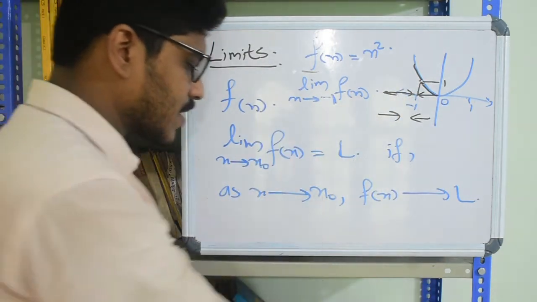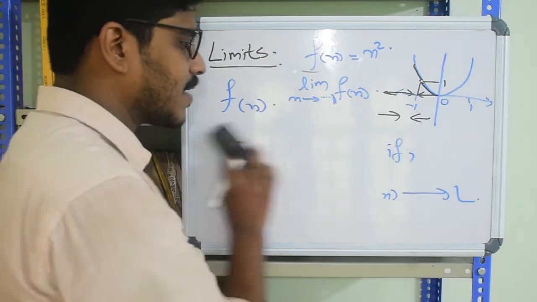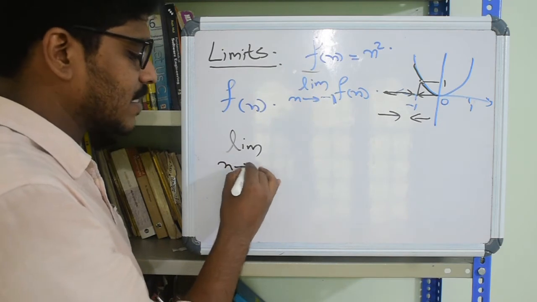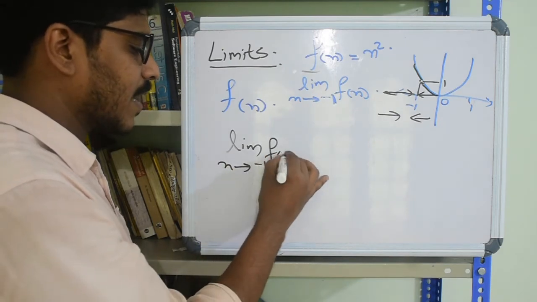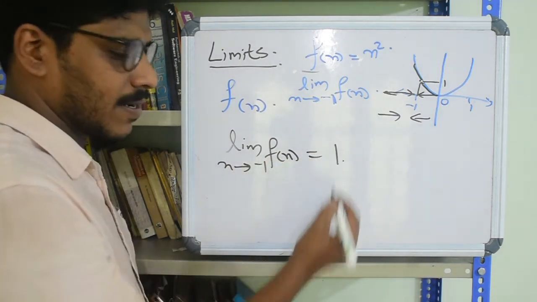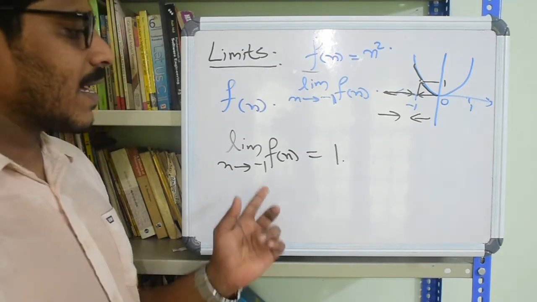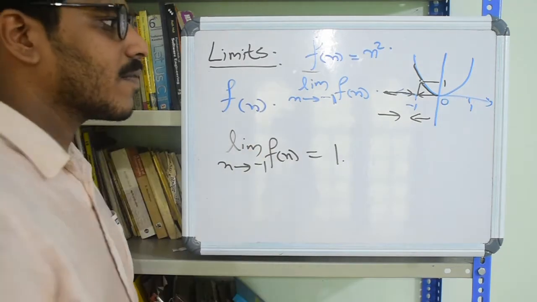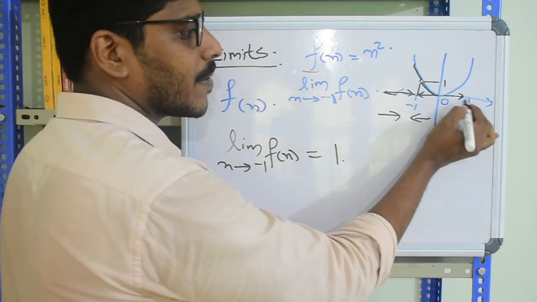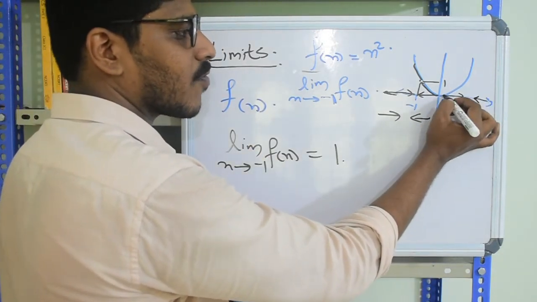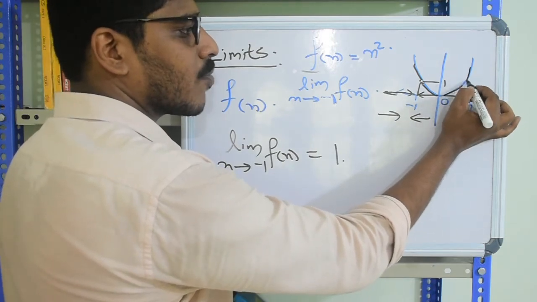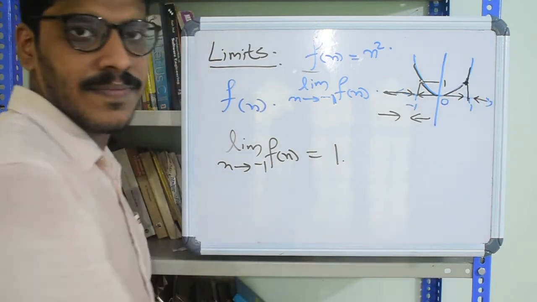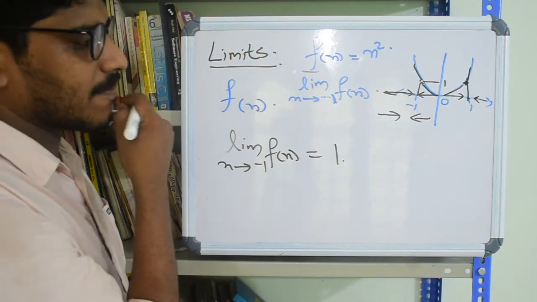So using this expression, you may claim that limit x tends to -1 f of x equals 1. Similarly, you may note that limit x tends to 1 f of x is again 1. We may be moving from this direction or from this direction, but whatever, the function will move to this point, which is 1. It's a rough graph.